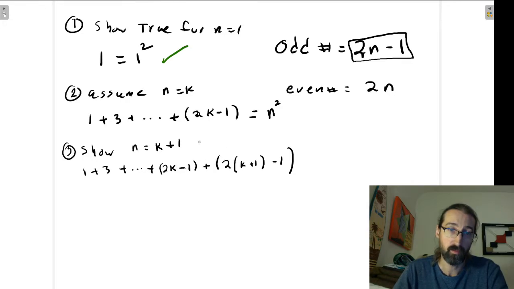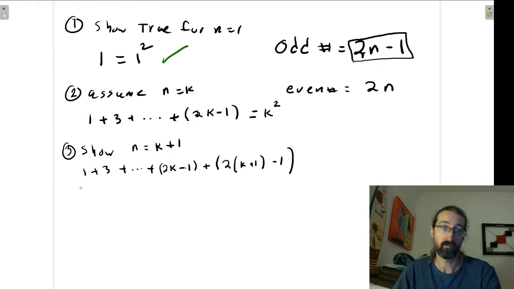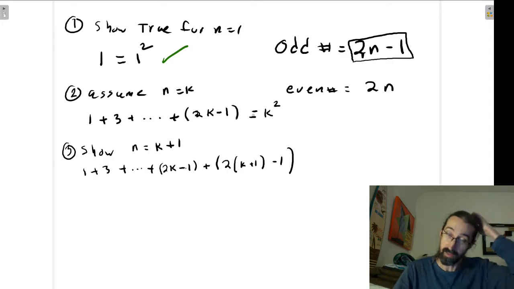So I have 2k minus 1. This is my kth number. It should be k squared. K squared. And so I have all those numbers equal to k squared. That's my kth odd number.